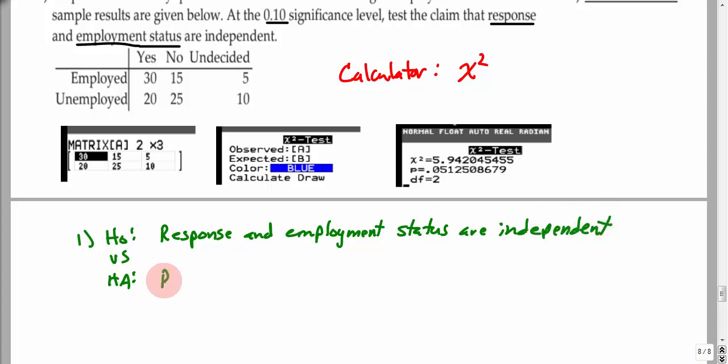And over here I'd have response and employment status are dependent.